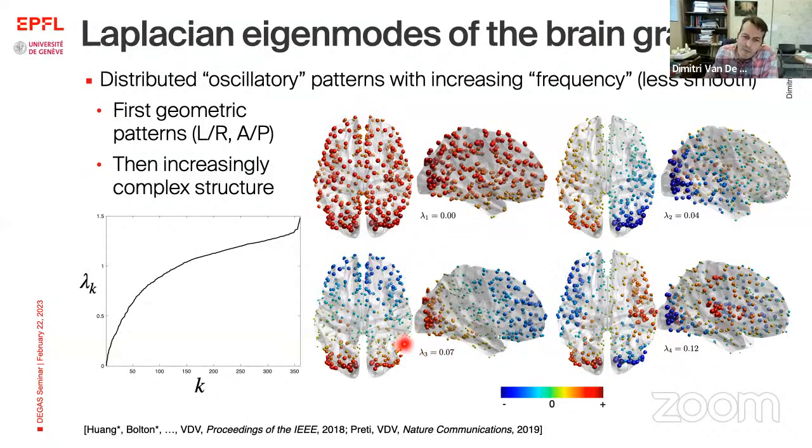Then we get an anterior-posterior pattern. And then we start to get more complex combinations that take into account more intricate structure of the structural connectome. And so we get very nicely distributed oscillatory patterns up to the very final eigenmodes, where we have a few isolated ones, but really almost all of them are very nicely defined. So we could say that we have a very good graph Fourier transform definition.